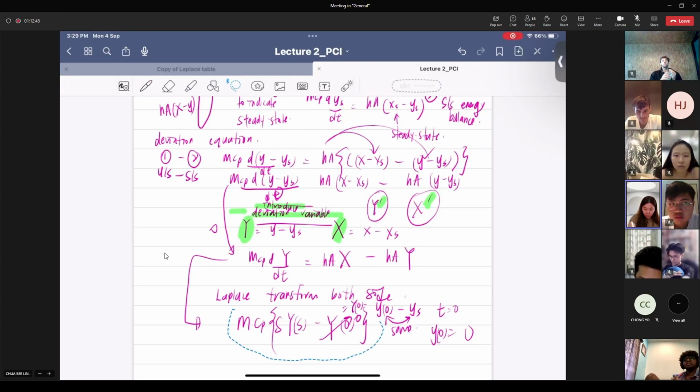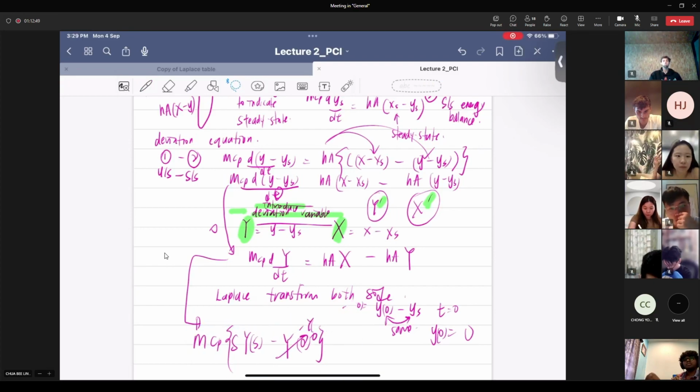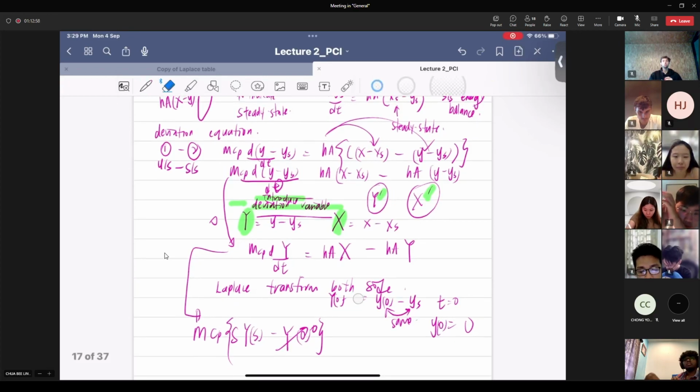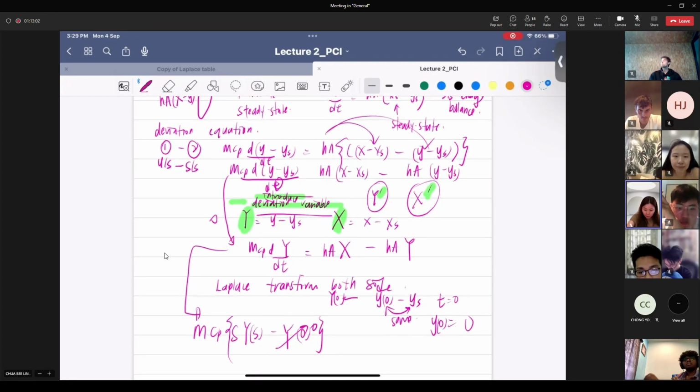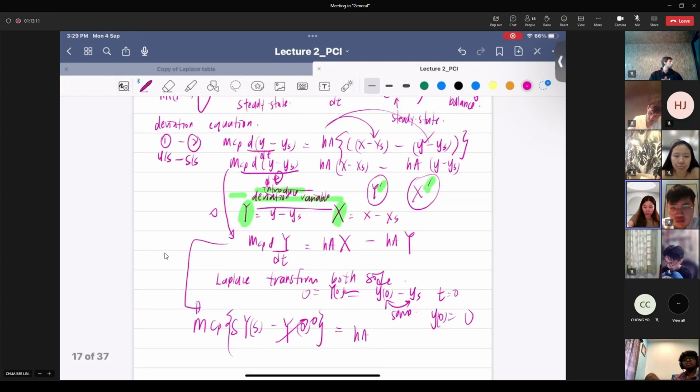I will move this one down a bit. Let me make it nicer. Okay, so this one will be 0. Then HA: when you Laplace the x, it will be XS.